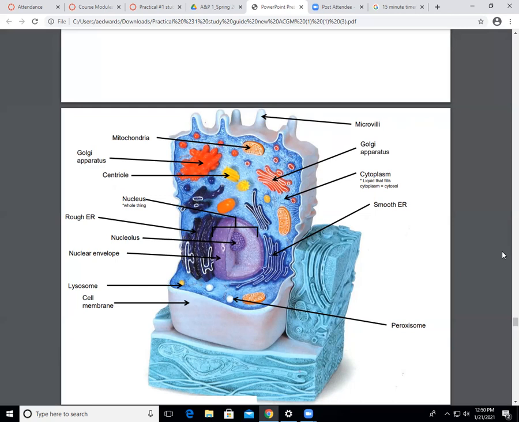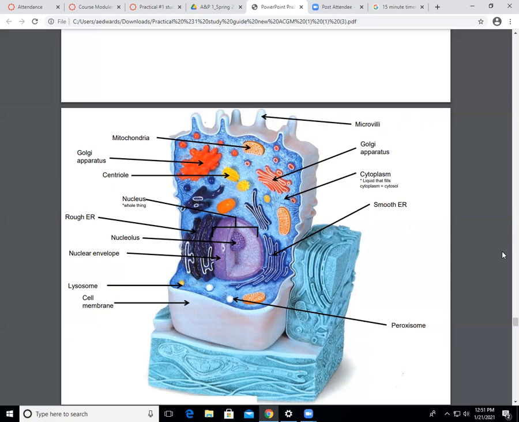Also, you also have cleaners, peroxisomes. Personally, I don't like trying to make you tell the difference between a lysosome and a peroxisome on a practical. But for all intents and purposes, these yellow circles are lysosomes.